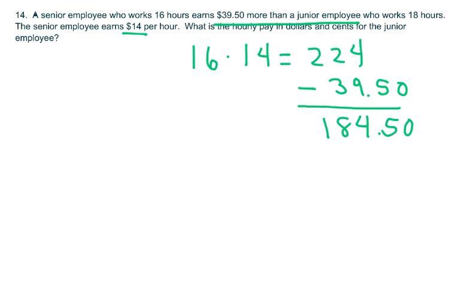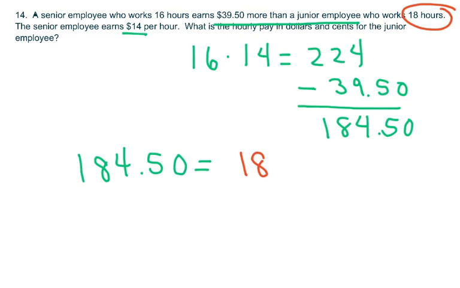So the junior employee makes $184.50. But he works how many hours? 18 hours. So they want to know times what? I'll just put x. What would he multiply by 18 to give you the $184.50? So I'm going to divide both sides by 18.